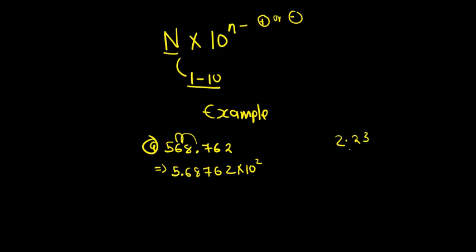This number can be written as 223 over 100. So you bring that 1 in line with the point like that. So this 10 can be 10 to the power negative 2 because it was over. So this is what we mean when you move that point like that.